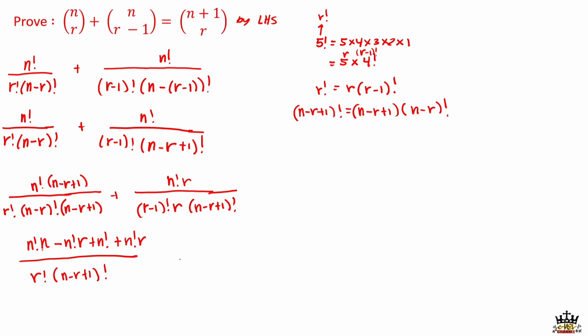Then simplify the numerator: negative n factorial r and plus n factorial r can be removed.